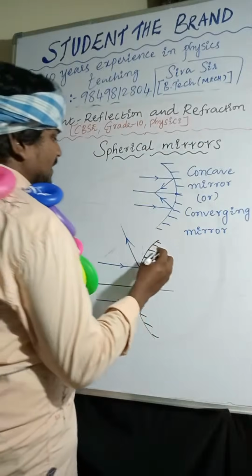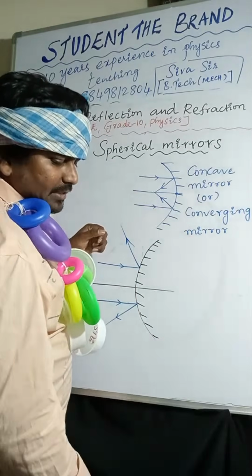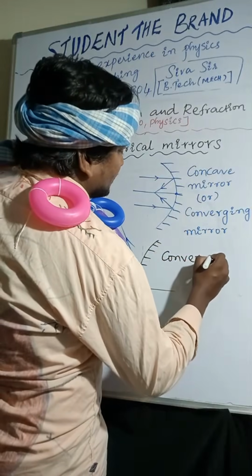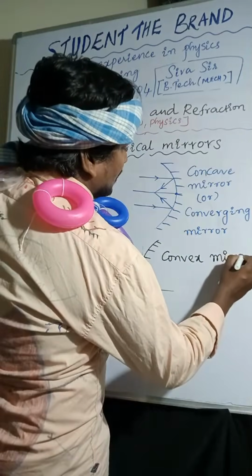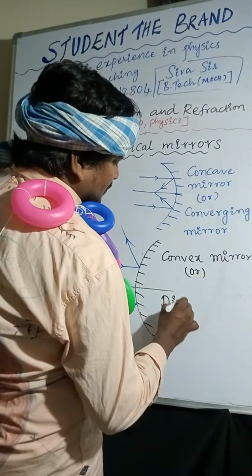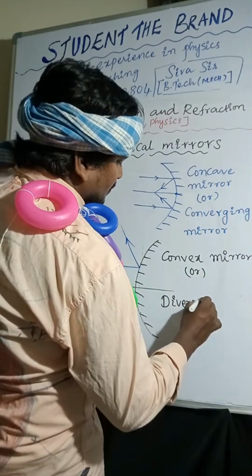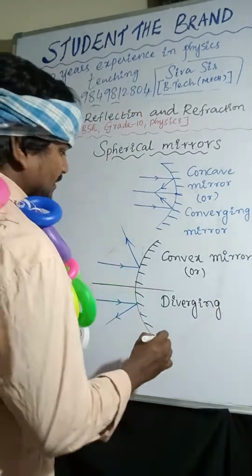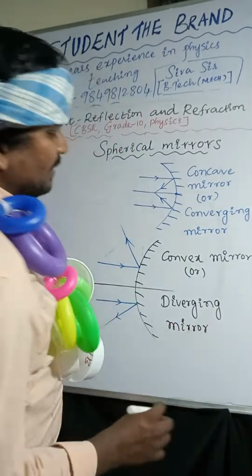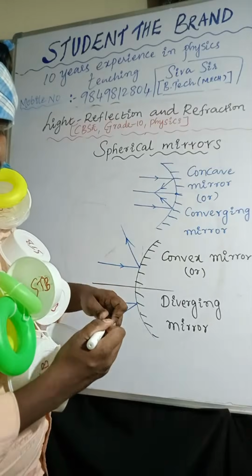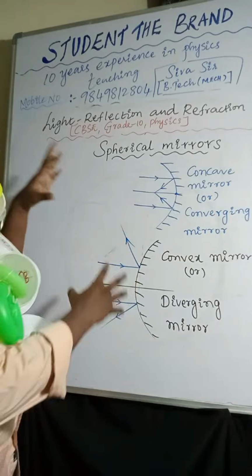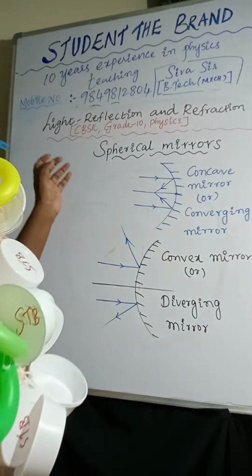The convex mirror is also known as a diverging mirror, because when a light ray is incident on it, after reflection the light rays move away from the principal axis.